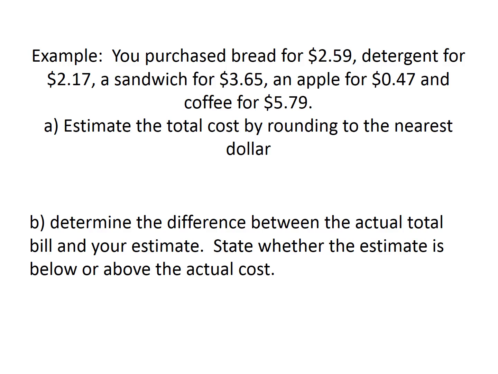You purchased bread for $2.59, detergent for $2.17, a sandwich for $3.65, an apple for $0.47, and coffee for $5.79. Estimate the total cost by rounding to the nearest dollar. So the first one would round to $3. The second one would round to $2.